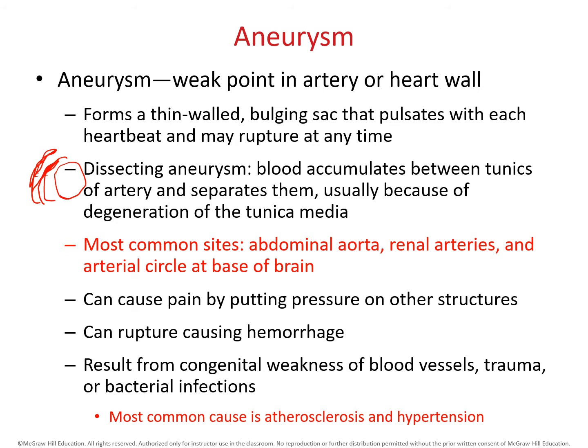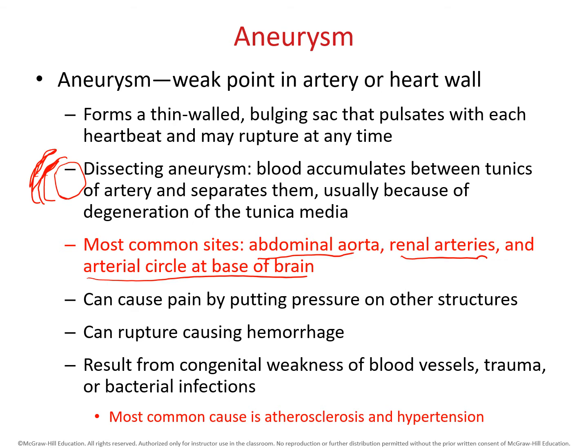There are three main types of aneurysms. The most common sites are the abdominal aorta, the renal arteries, and the arterial circle of the brain that we'll look at. You can have an abdominal aortic or a thoracic aortic aneurysm.